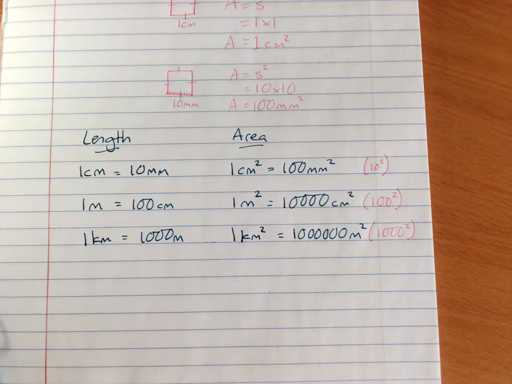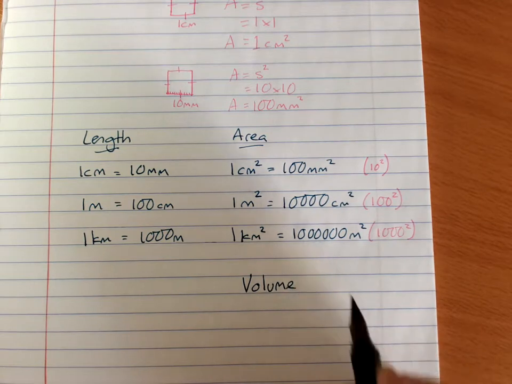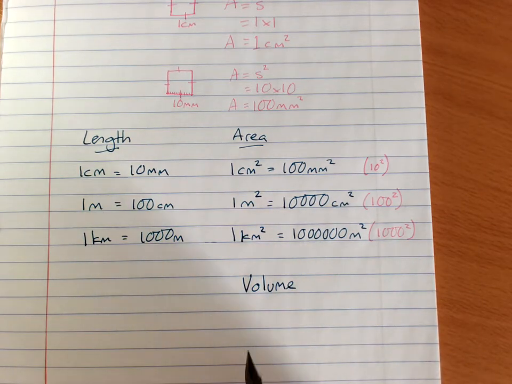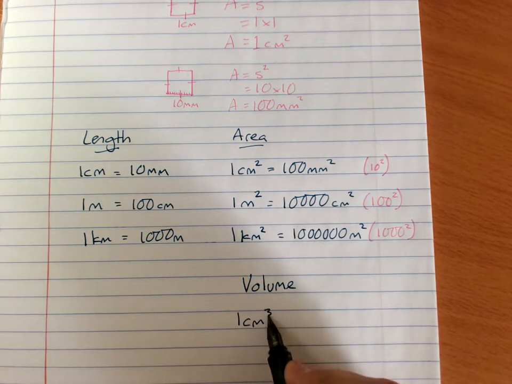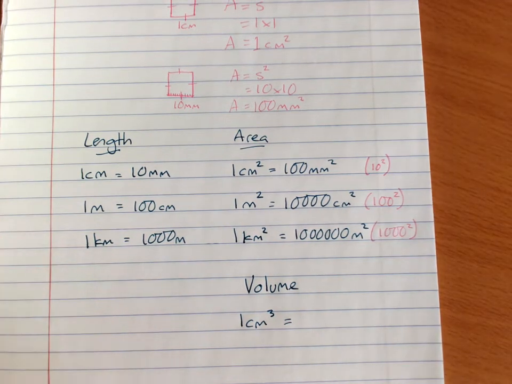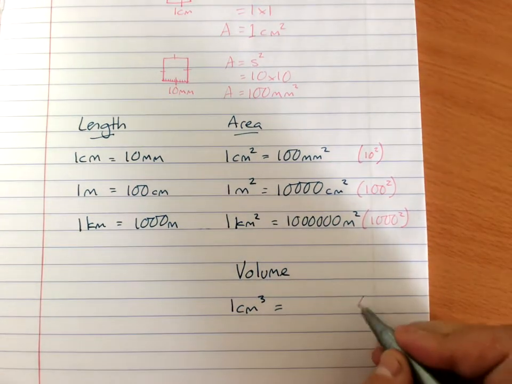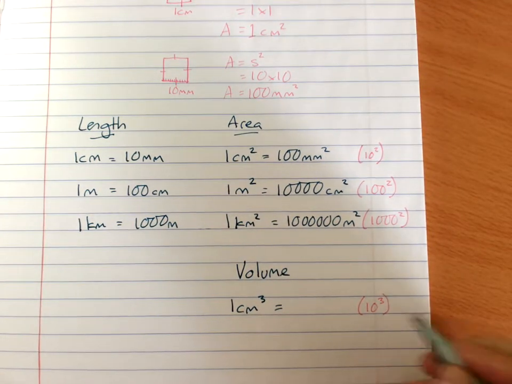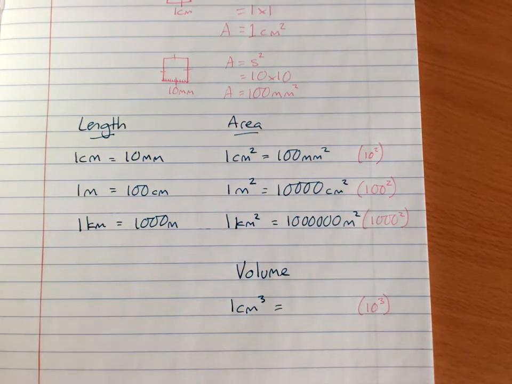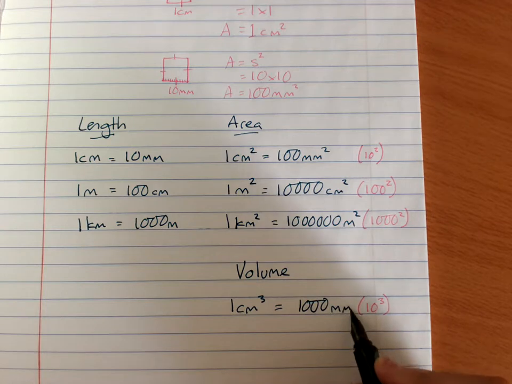Now if we just skip ahead, even though we're just doing area, guess what it would be for volume? Perfect. So 1 centimetre cubed is going to be how many millimetres cubed? 1,000, because it's 10 cubed. So 1,000 millimetres cubed.